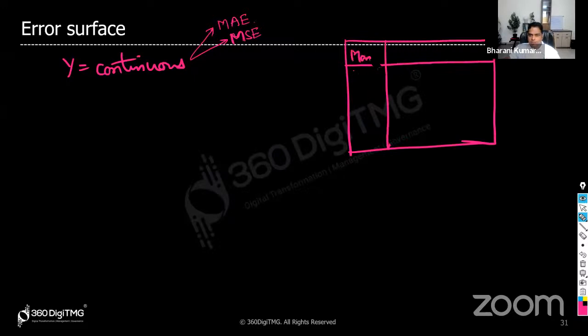For the month of Jan, say your model predicted that the sales will be $100 million, but actually say sales was $90 million.